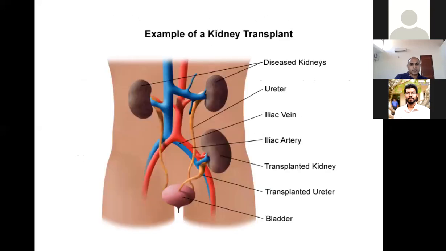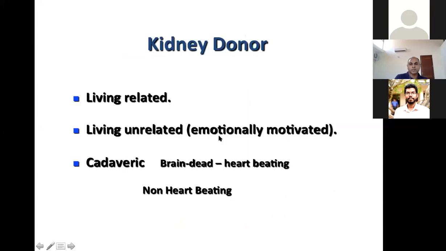So, what you do is you transplant somebody else's kidney to a patient at a different location. These are the 2 native kidneys which are obviously having CKD, and then you have the normal functioning donor kidney. You transplant it to the groin area of the patient. So there are different types of transplantations.